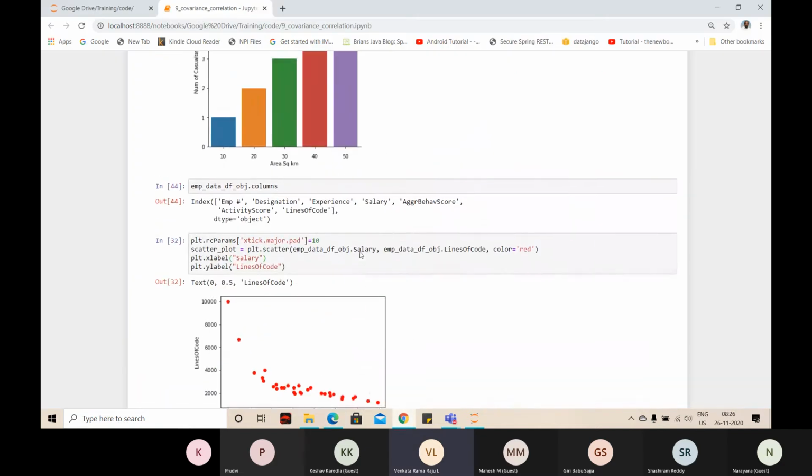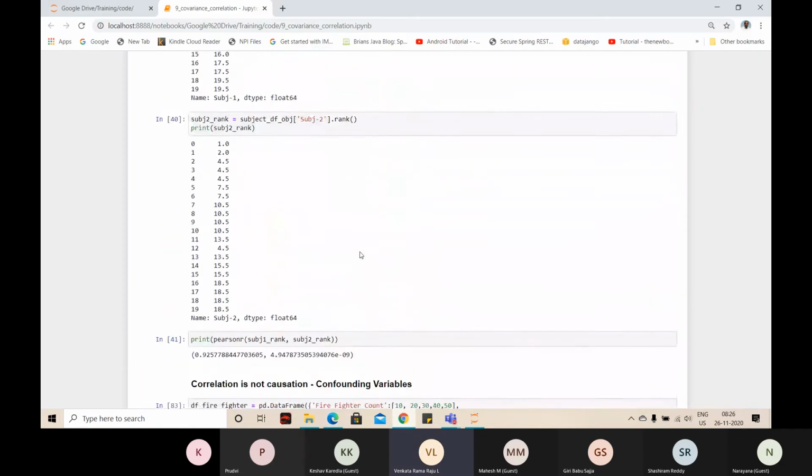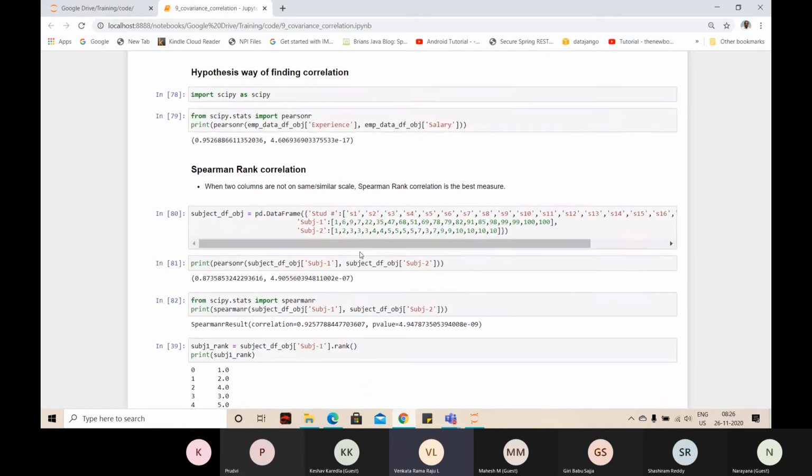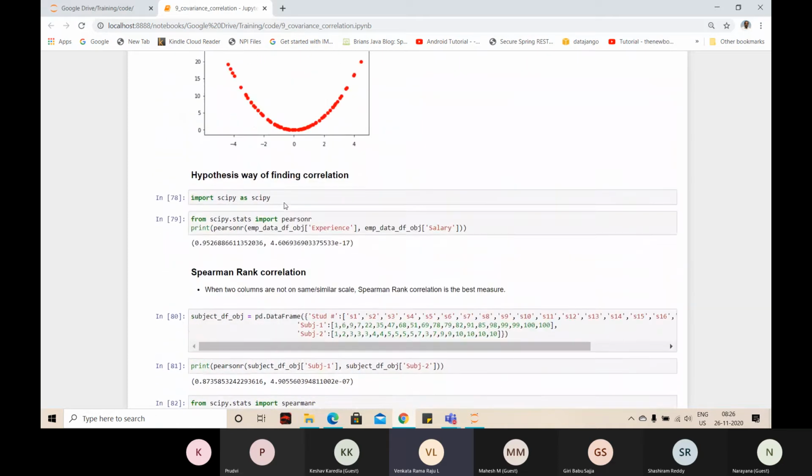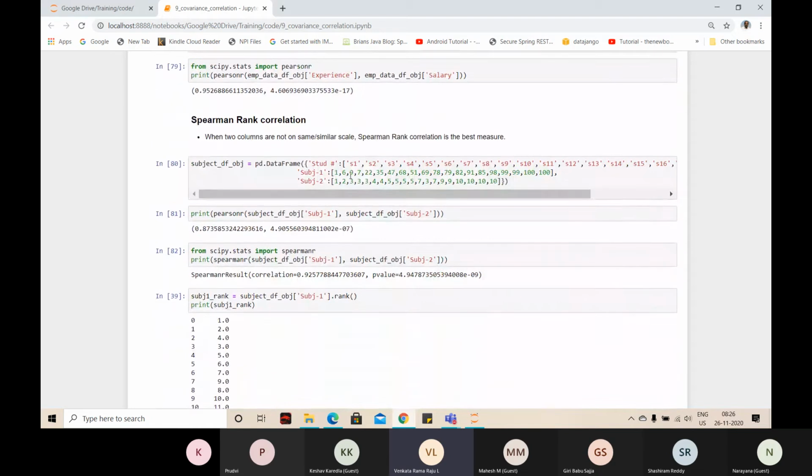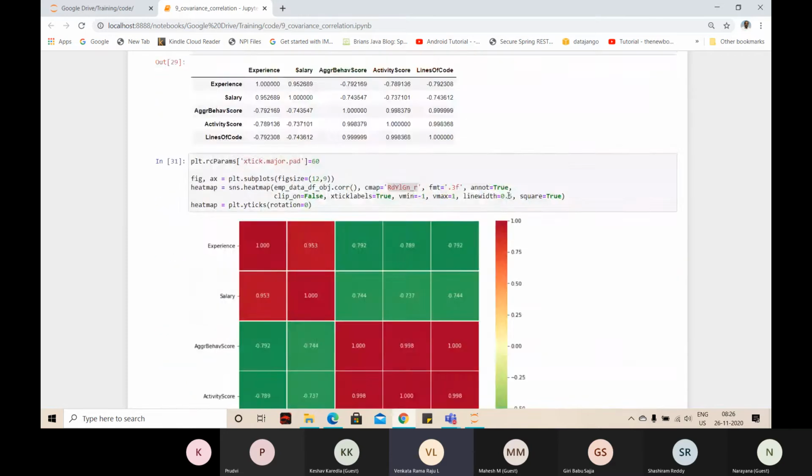Okay, let us look at how to calculate Spearman and Pearson correlation. I took the data and calculated the Pearson correlation.